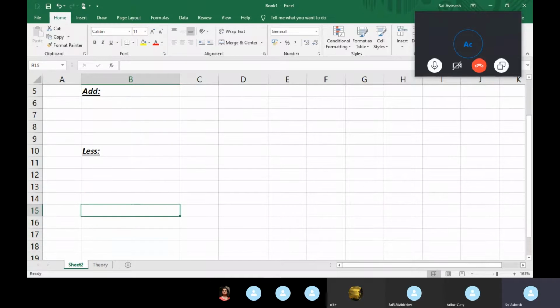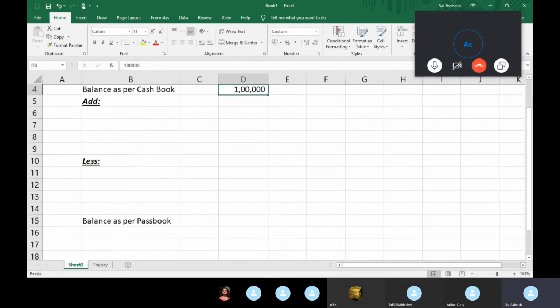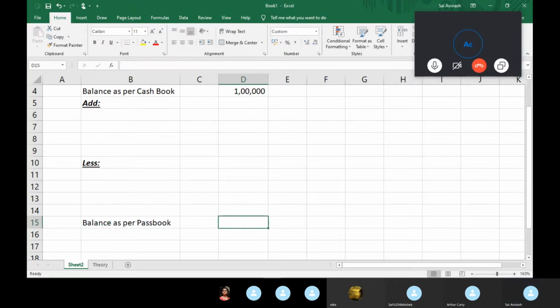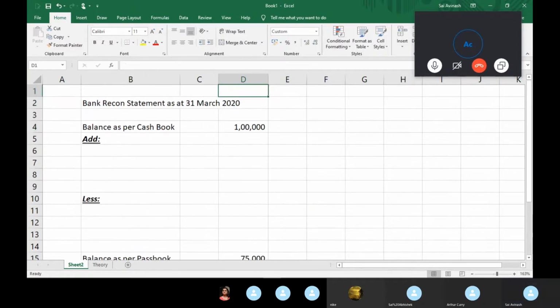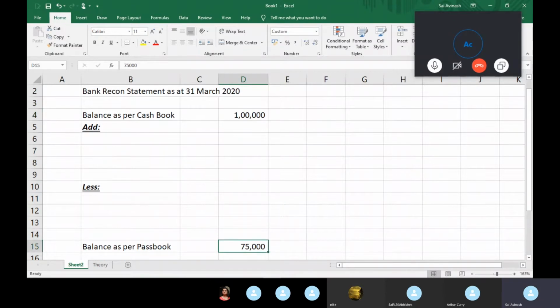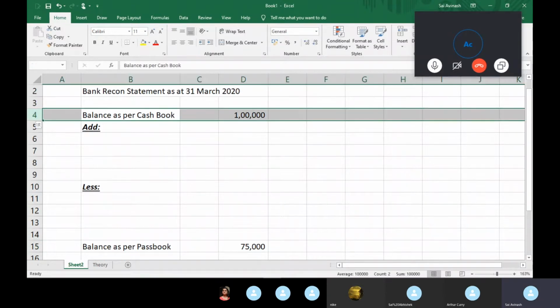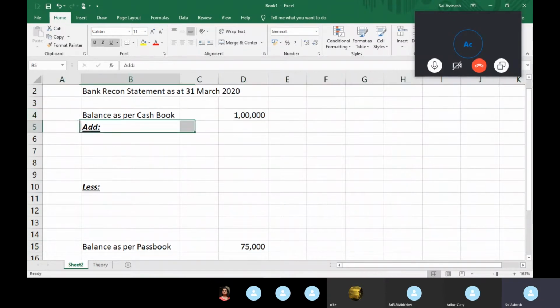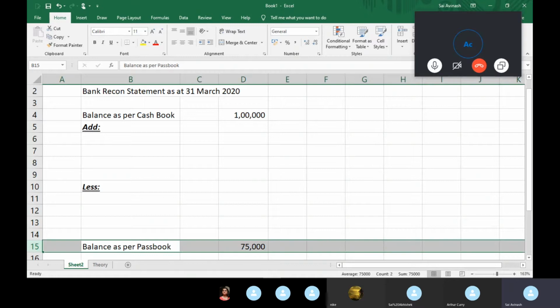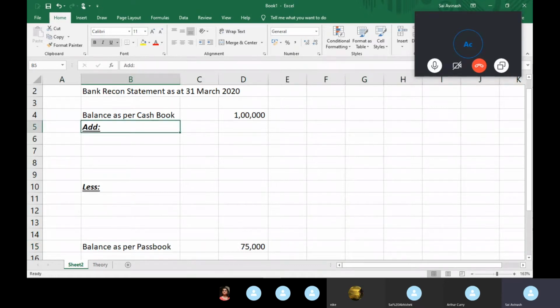After we do so, we arrive at the balance as per bank statement, or let's call it the passbook statement. Let's say I'm going to call it 75,000. So as of now, what do we know? We have more money as per our books compared to the bank balance. All right, so what would the reasons be for this?